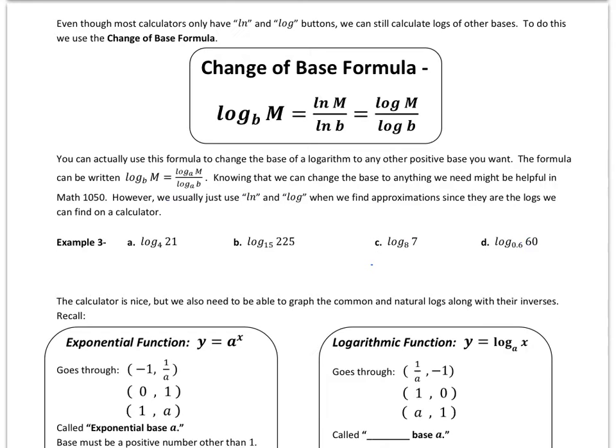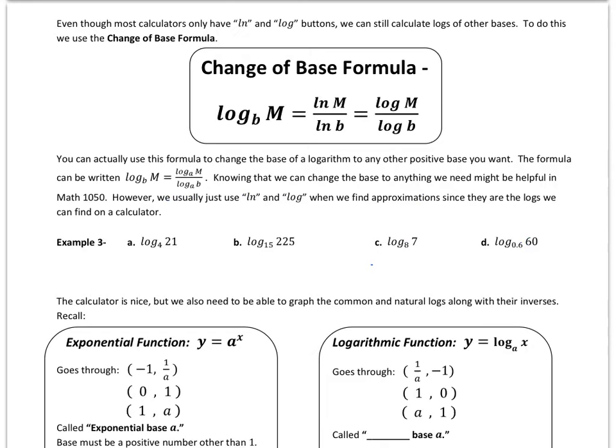If I have log base B of M, then that is equal to ln M over ln B, or it's also equal to log of M over log of B, and that log is base 10. Basically, you can change it to whatever base you want, and we'll always change it to e or 10 because those are the buttons we have.